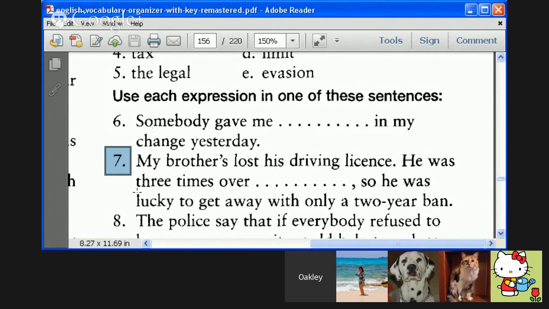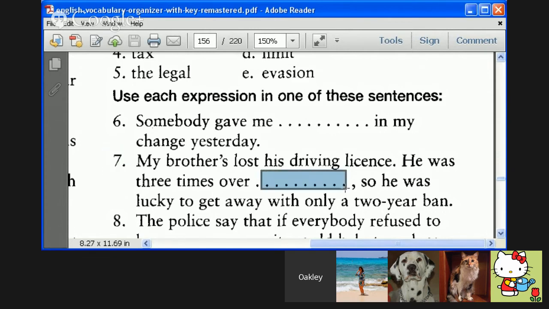My brother's lost his driving license. He was 3 times over the legal limit. Great. So he was lucky to get away with only a 2 years ban. Okay.